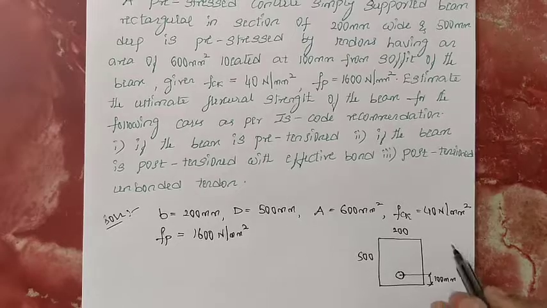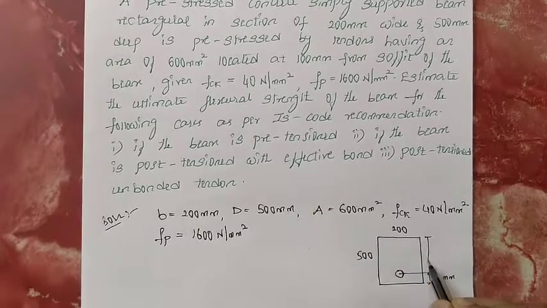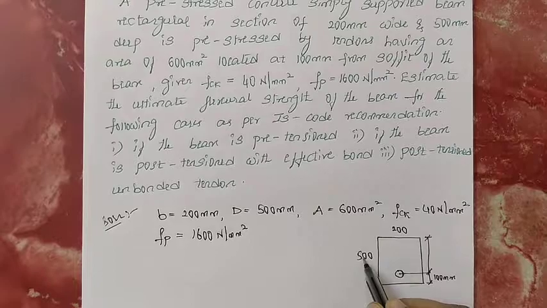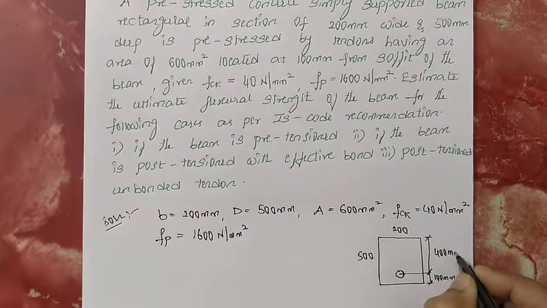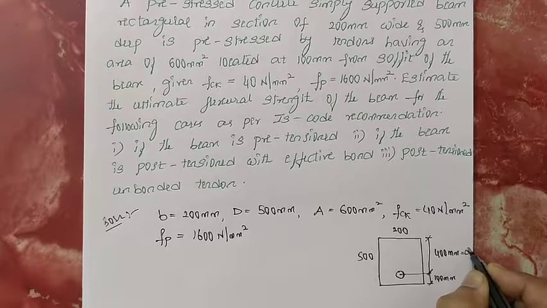This is 100 mm. From that you can calculate the effective depth. It is the overall depth minus this cover, that will be 400 mm. That will be your small d.